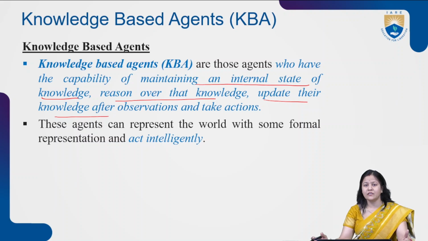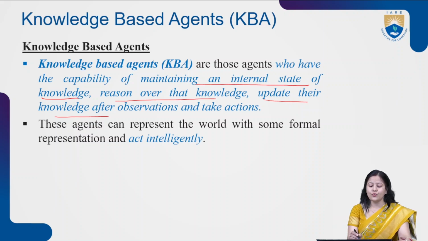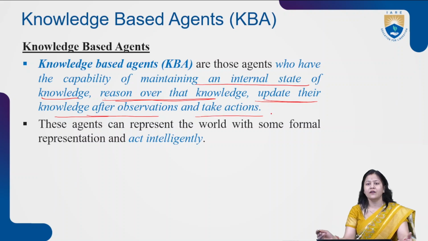That means the agent, the robot or the machine, think about a robot or Alexa, has the automatic capability to maintain an internal state of knowledge and represent it using different knowledge representation techniques. They can reason over the knowledge present inside the agent, and they can learn and update the existing knowledge after observing the environment, and based on that they can take action.